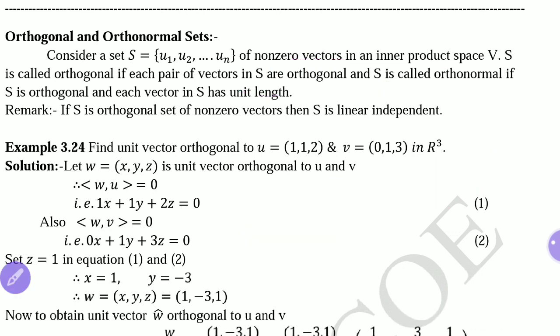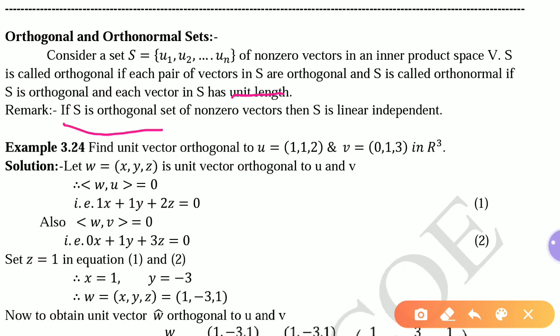When both conditions are satisfied, that set of vectors is called an orthonormal set. For orthonormality the length of every vector has to be 1. For an orthogonal set, each pair of vectors must be perpendicular to each other, that is, the inner product of each pair is 0. Those are the two conditions we need to check.